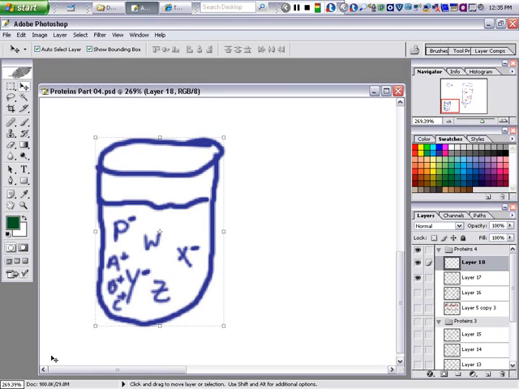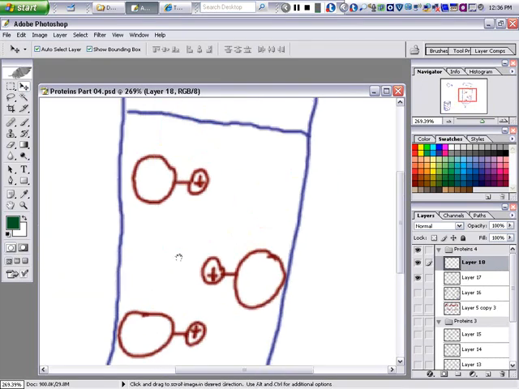P, W, X, A, B, C, Y, Z. Which of these proteins will stick to the beads? P will. P, Y, and X. Who disagrees with this? Nobody disagrees? Because you're right. Exactly. It makes sense. P, Y, and X are going to stick to the column because they have a negative charge. So you have to understand that.